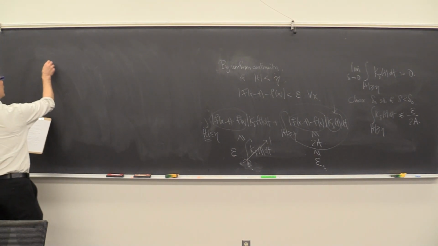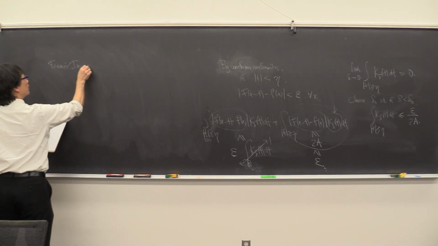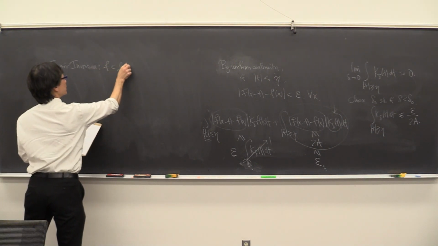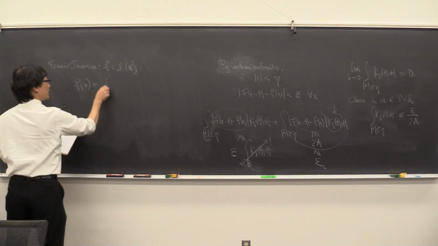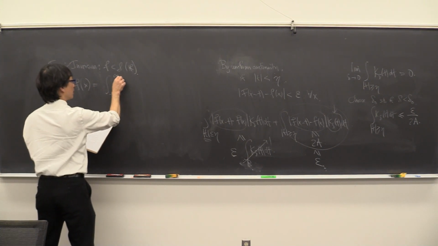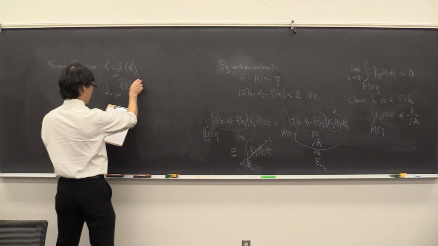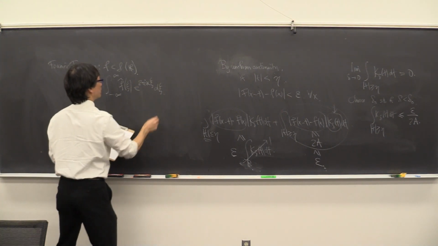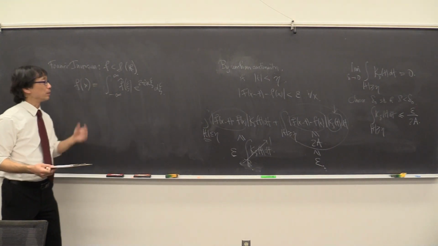So remember, our goal is to get the Fourier inversion, namely that for f in the Schwartz class, you can recover the function by taking the integral of the Fourier transform against the appropriate character. So you take the inner product of this against the right character.